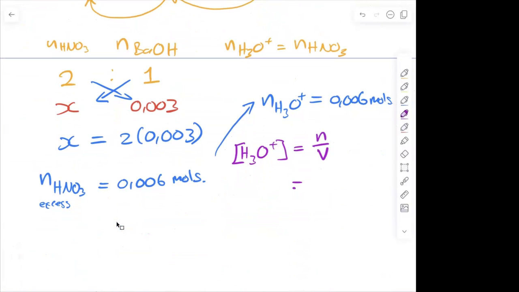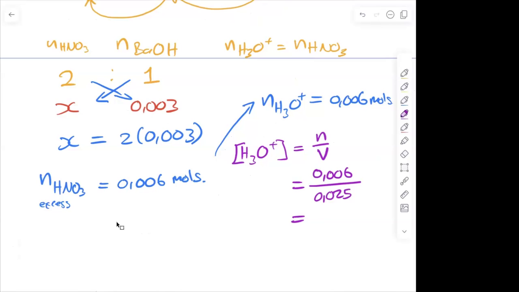The number of moles is 0,006 and the volume of nitric acid is 25 cubic centimeters. We have to convert that to decimeters cubed, so we divide 25 by 1,000, which is 0,025.